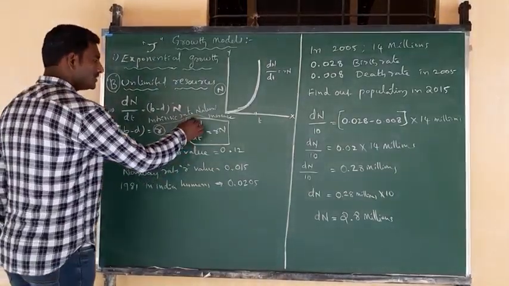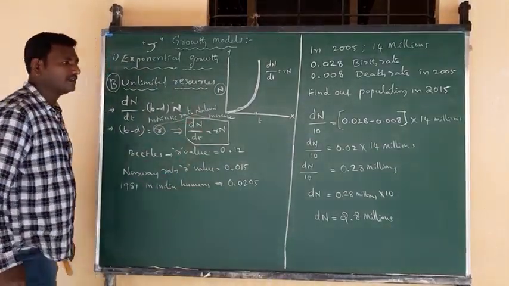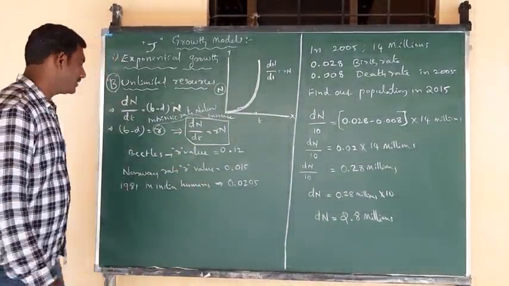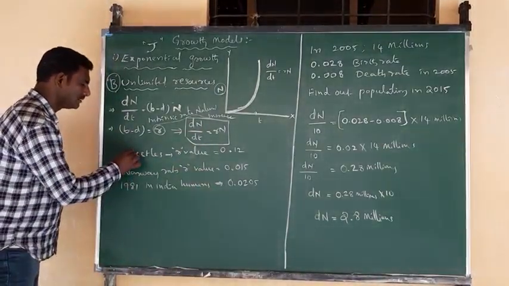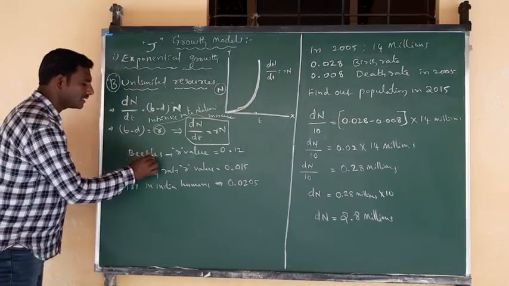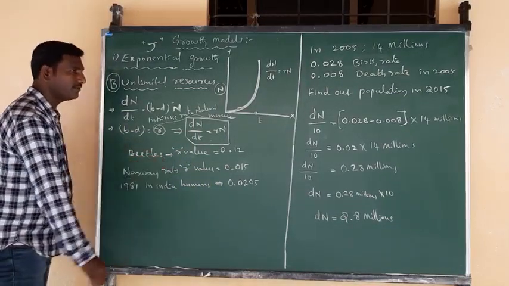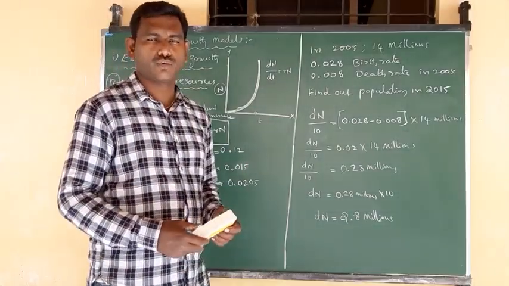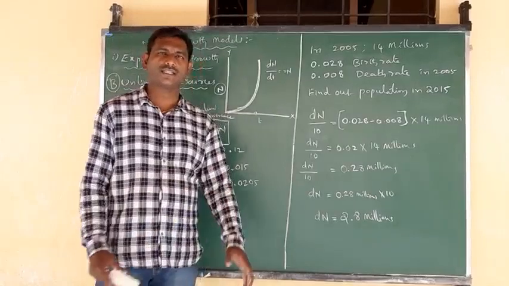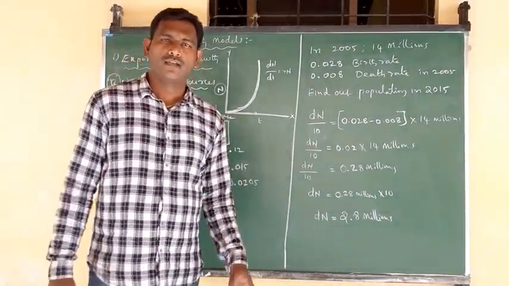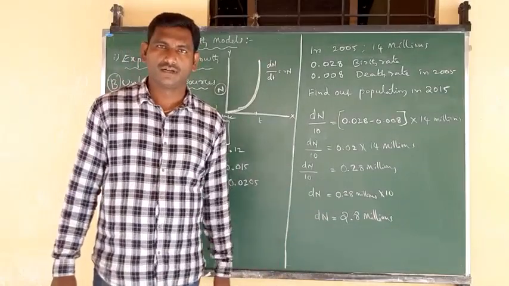By using this formula, scientists have given different r values for different types of animals. Take flour beetles. Beetles come under arthropods. Generally, in the total animal kingdom, the maximum number is occupied by arthropods. The largest phylum is Arthropoda, and in that phylum the largest class is insects, obviously.